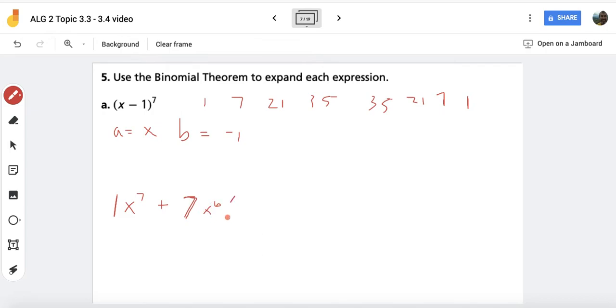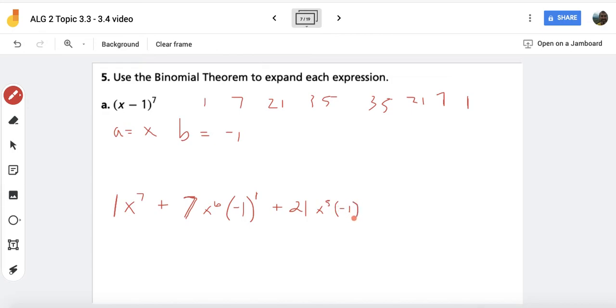But I also have to have this B value to the 1st power, so I have a -1 to the 1st power. Then the next coefficient is 21. X gets dropped down to the 5th power, and the -1 now has the 2nd power.